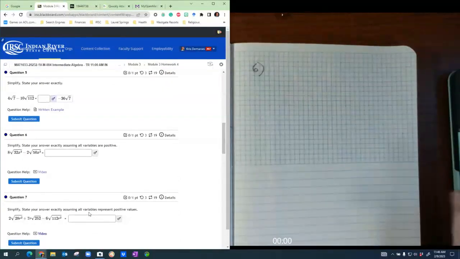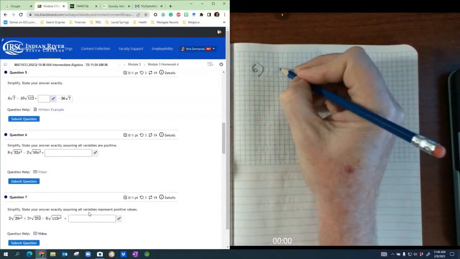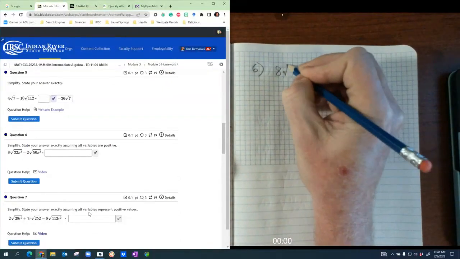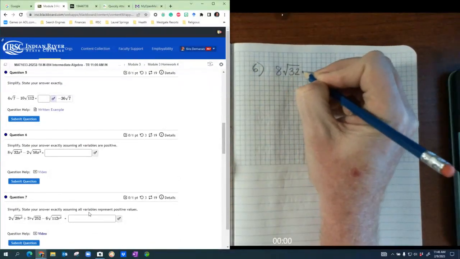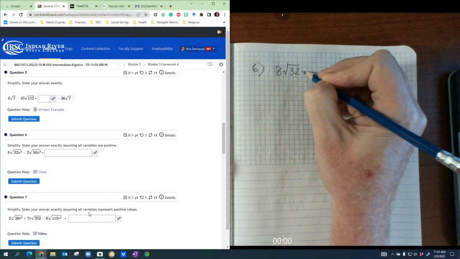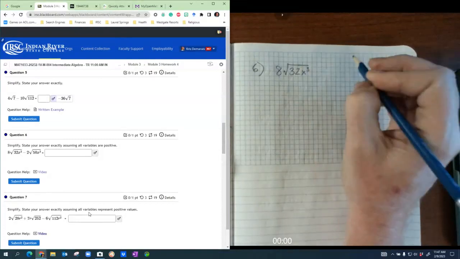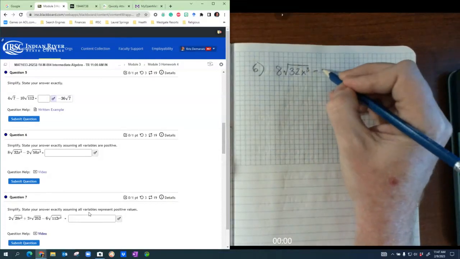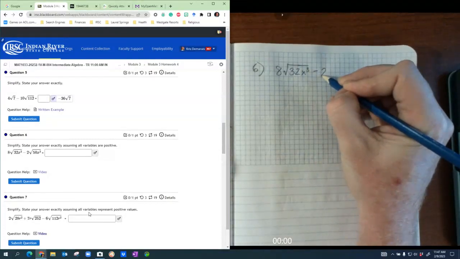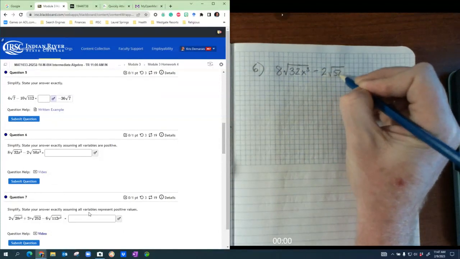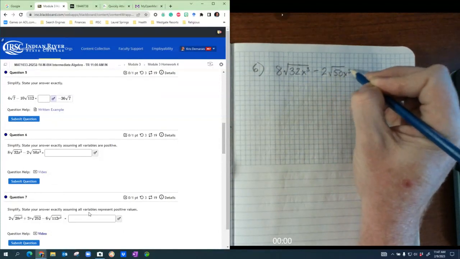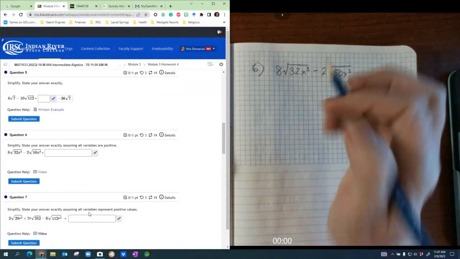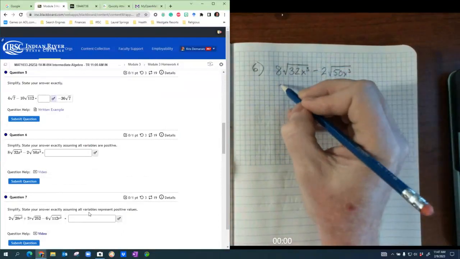All right, let's keep on going, trucking along. So we have the root of 32. I see that as 16 times 2. All right, now we're going to look at it.